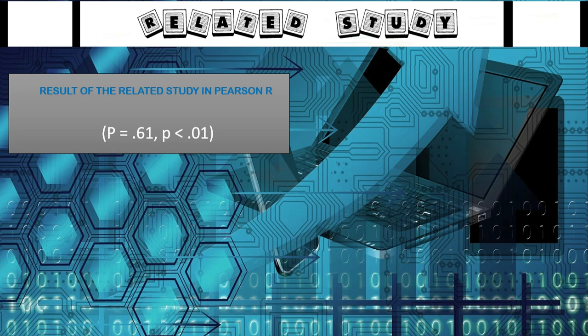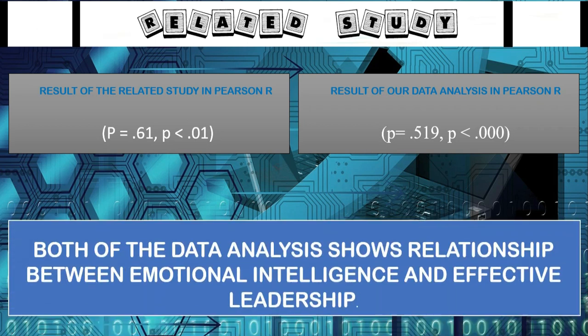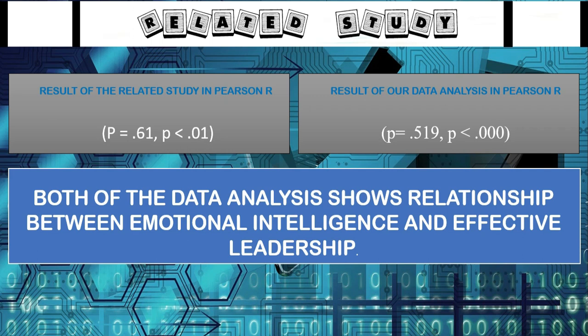Our results show that emotional intelligence was related to leadership practices, r equals 0.519 and p less than 0.000, which means a significant relationship. Hence, both data analyses show a relationship between emotional intelligence and effective leadership. And now, I give the floor to Miss Tahor.